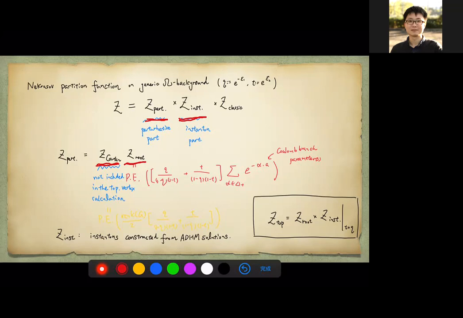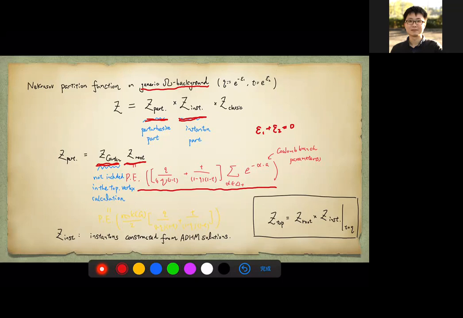And the root part looks like this. It's again returning the plethystic exponential, and here I give the expression. It's called the refined expression on the generic omega background, but in this talk, we will consider the special case with epsilon1 plus epsilon2 equals 0, called the unrefined limit of the Nekrasov partition function.